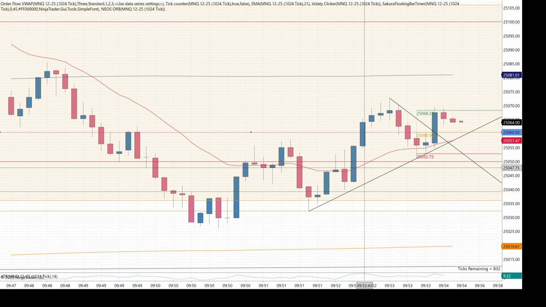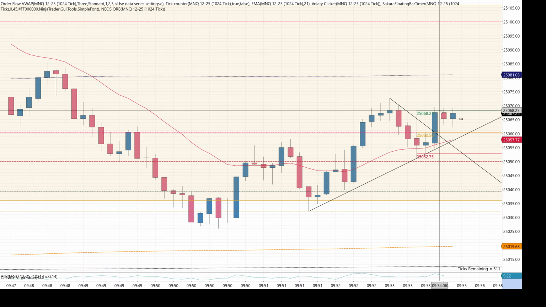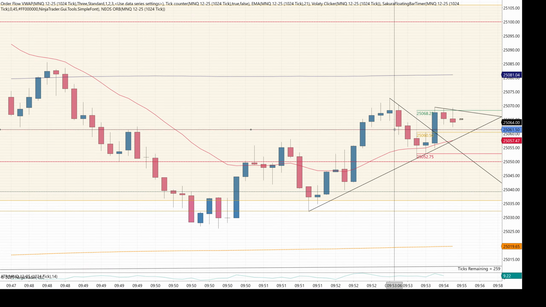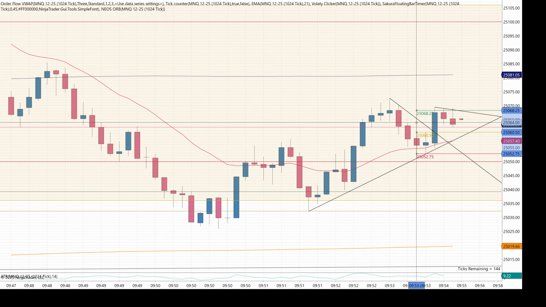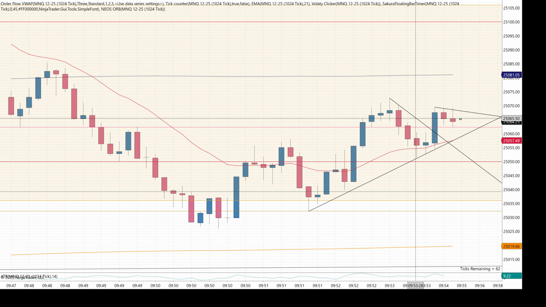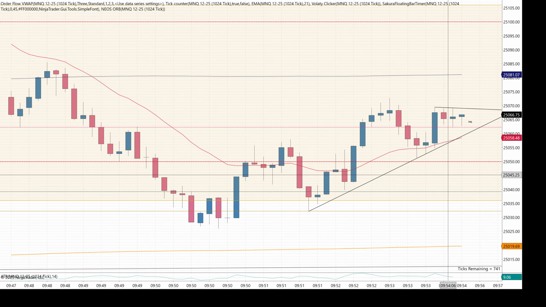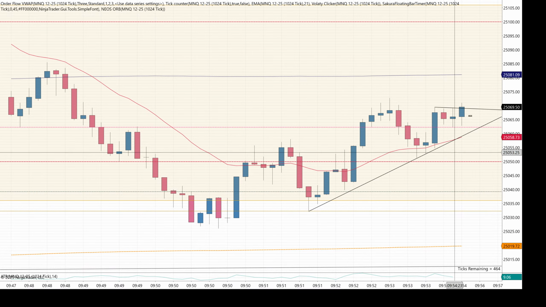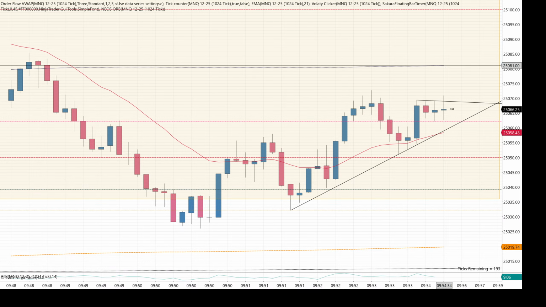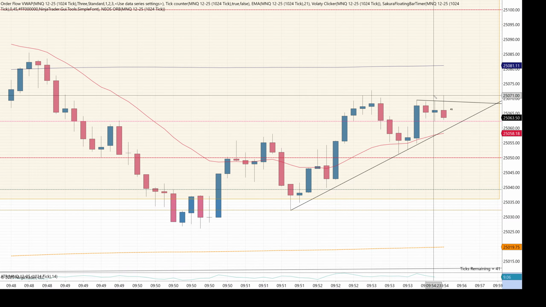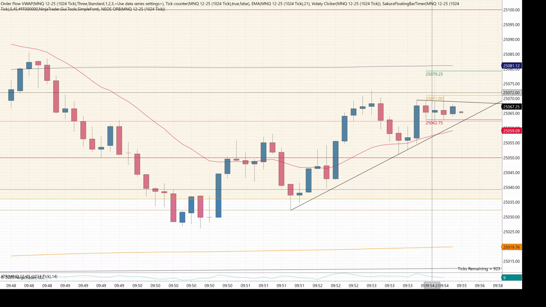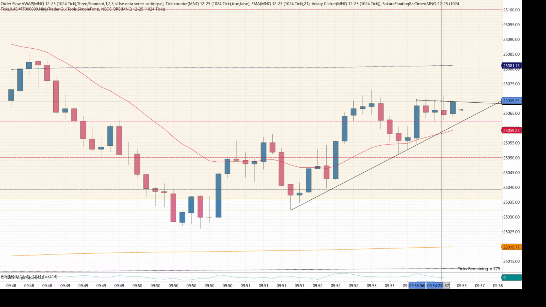Runner's at break even. This would be a signal, but we do have standard deviation in a way. I don't know if we actually triggered higher, if we would have room for it. Well, we would, but it didn't trigger higher.